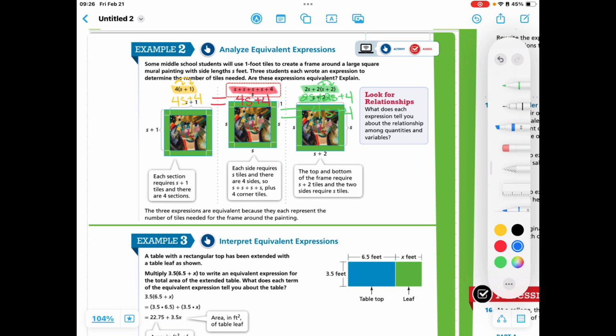So we are able to state down here the three expressions are equivalent because they each represent the number of tiles needed for the frame around the painting. So they all equal one another. These would be equivalent expressions. This is another way to write equivalent expressions when they all equal one another.